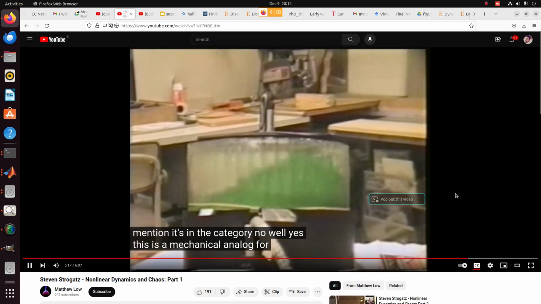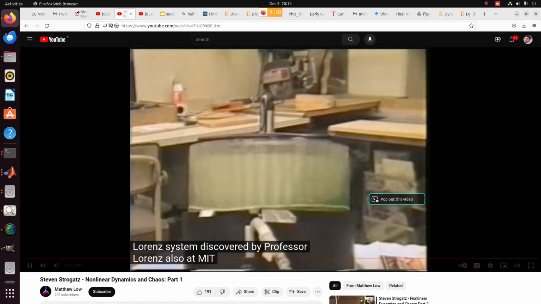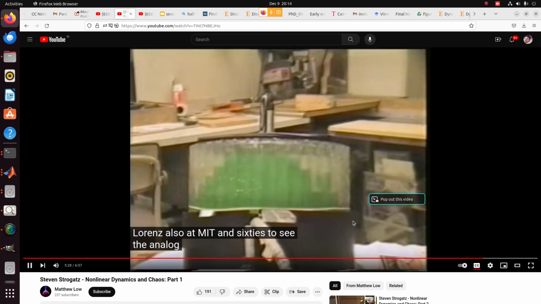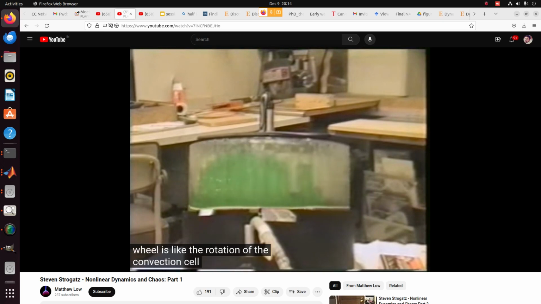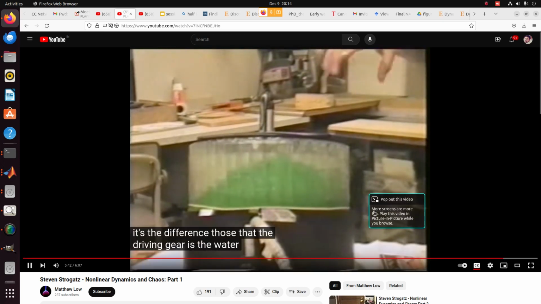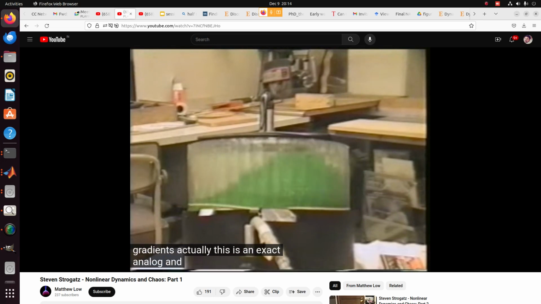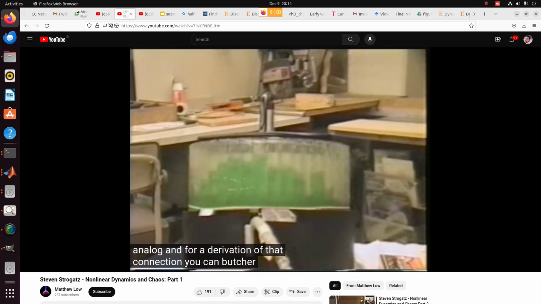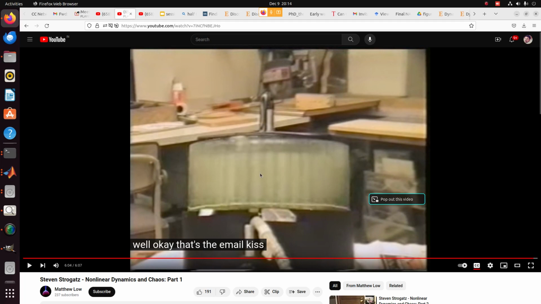It goes some time, and now it goes back. Yeah, so these are the two examples showing the chaotic behavior in Professor Strogatz's textbook.